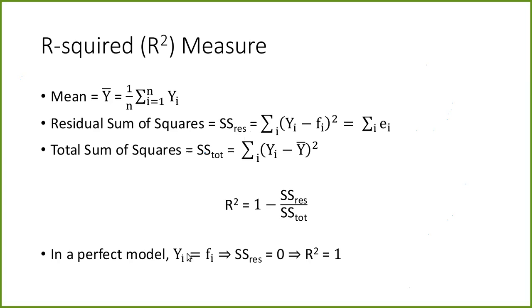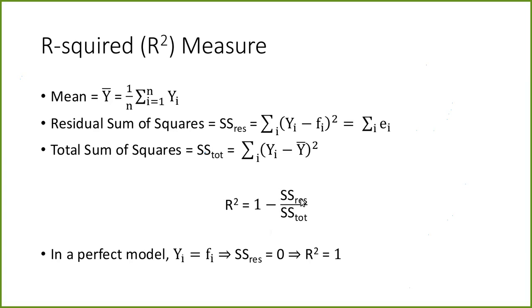If the model is perfect and so accurate, yi would be equal to fi, or y hat i, right? And in that case, the residuals would be 0, right? So our SS res would be 0.